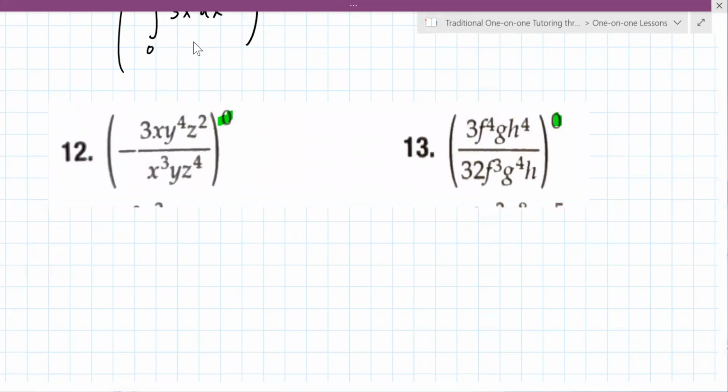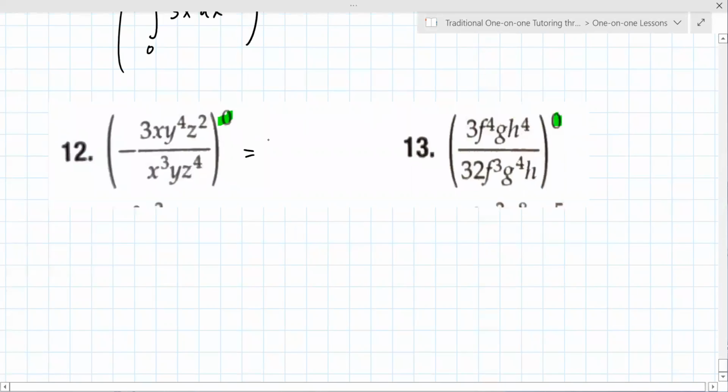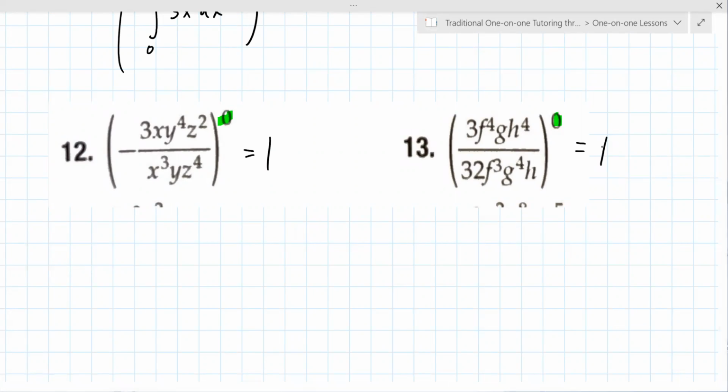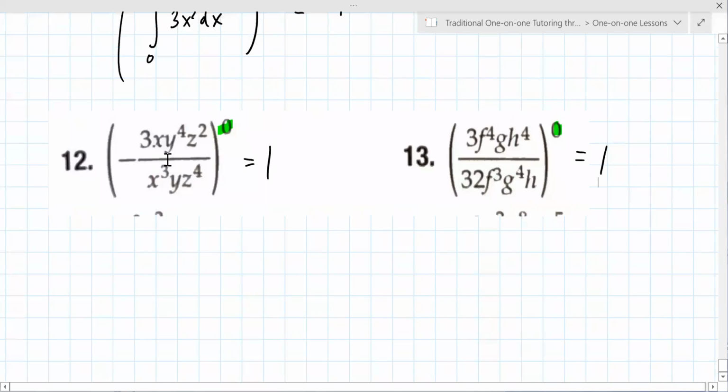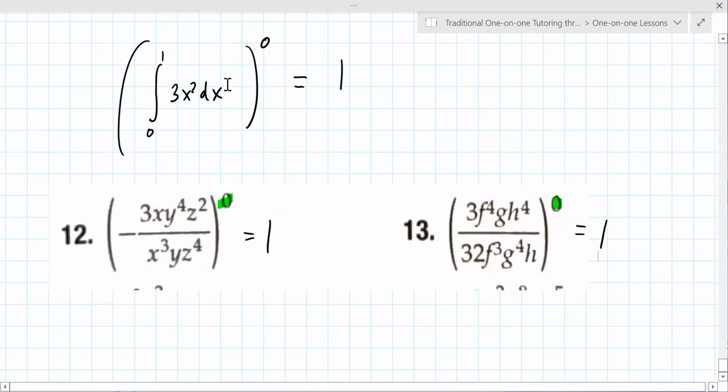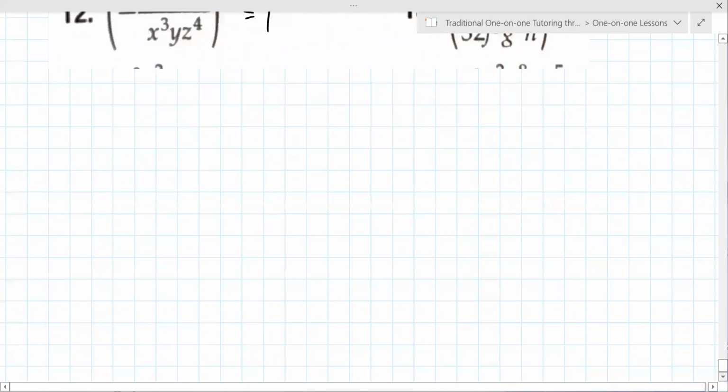So you don't even have to do any work. Since this is being emphasized, you will see a problem like this on a test or a quiz, and that's why I gave you this example. It could be something you have no idea about, and it doesn't matter. To the power of 0 means it's 1.